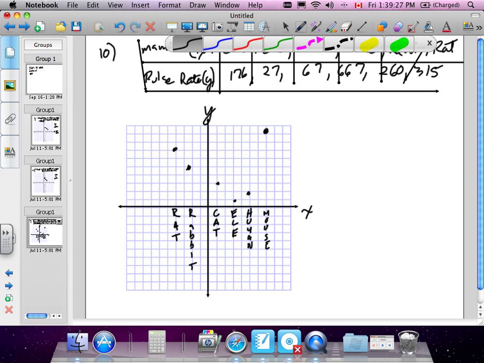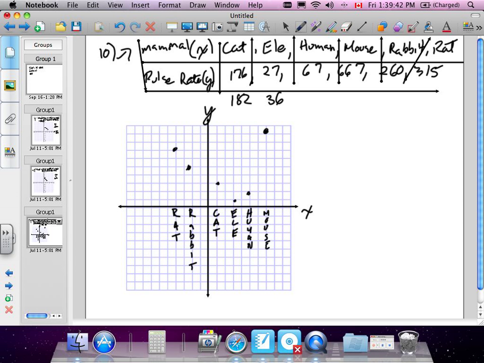So for 2 cats, and the other one was 182. 2 elephants, maybe the next guy's was 36. In that case, we wouldn't have a function because I have 2 values for cat, and I have 2 values for elephant, which are my X coordinates. But because they've only given us 1 resting heart rate, maybe it's the average, they've only given us 1 pulse rate.